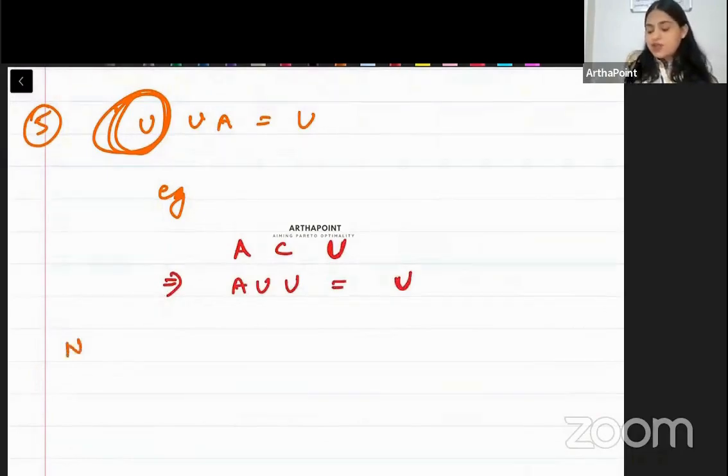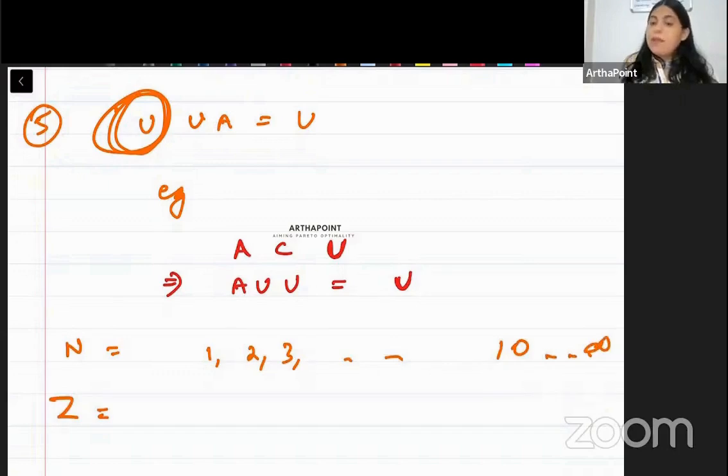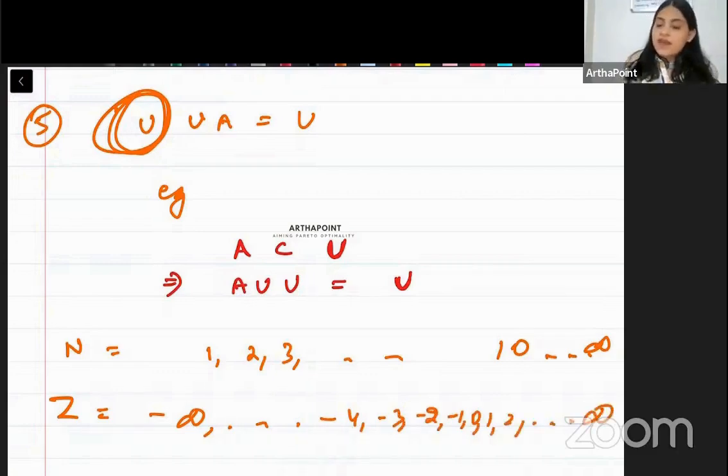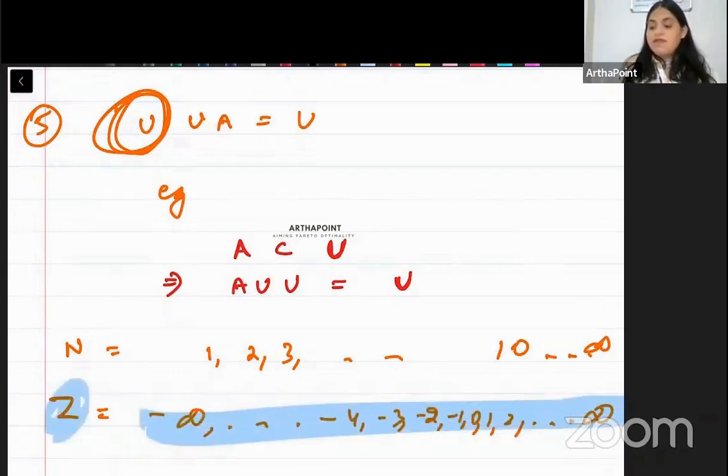Just for example, natural numbers are 1, 2, 3 till 10. Now my integers include negative and so on. Just infinite tak hai. My integers include minus infinity, minus 4, minus 3, minus 2, minus 1, 0, 1, 2 till infinity. So when I talk about integers, they are negative to positive, all numbers. When I include natural numbers, they're only positive.